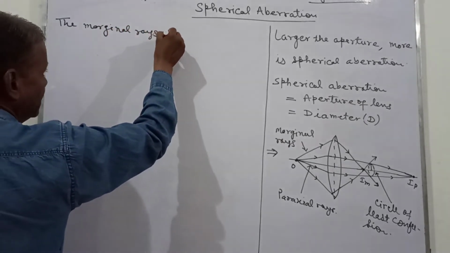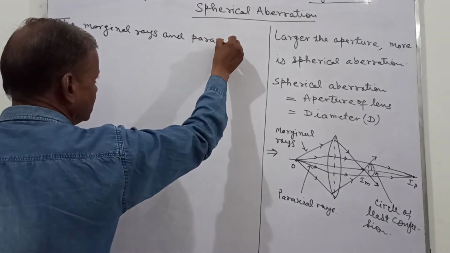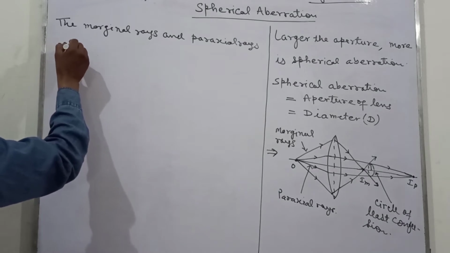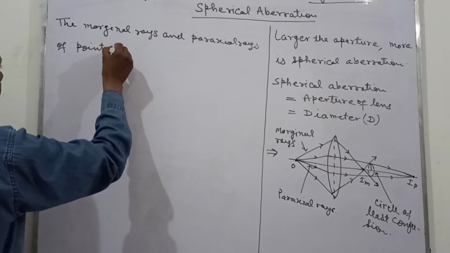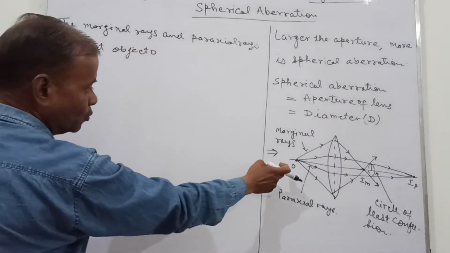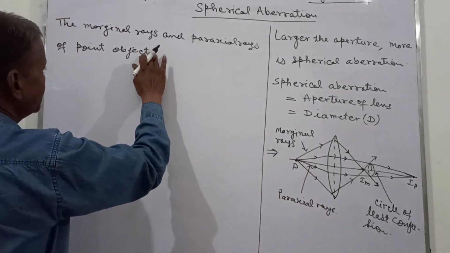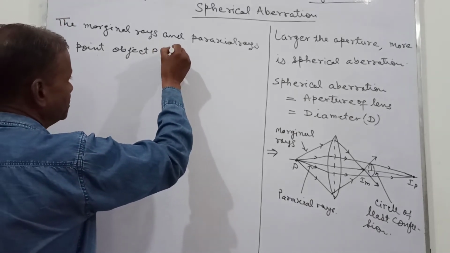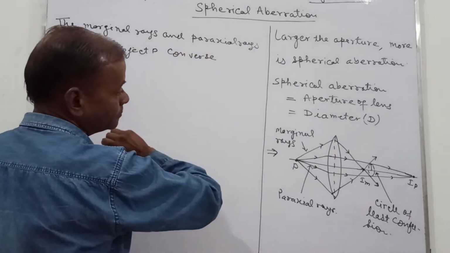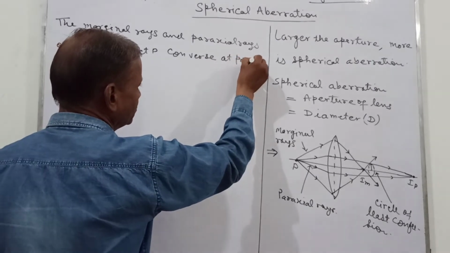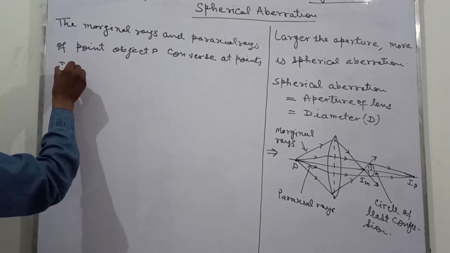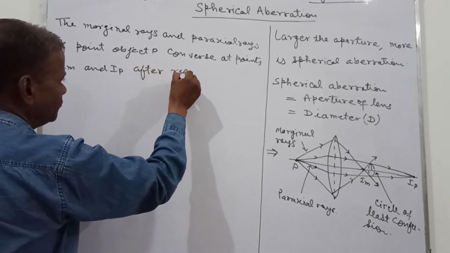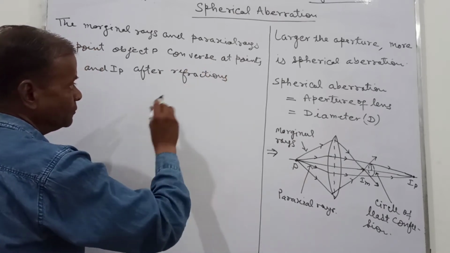Marginal rays and paraxial rays of point object P. The marginal and paraxial rays of the point object P converge at points IM and IP after refraction from lens.